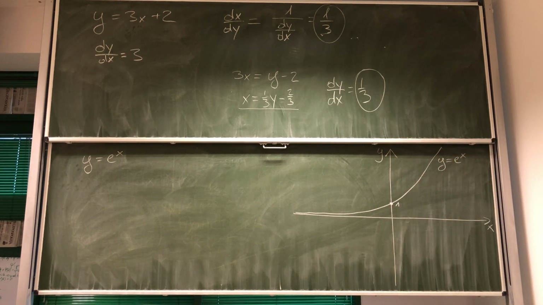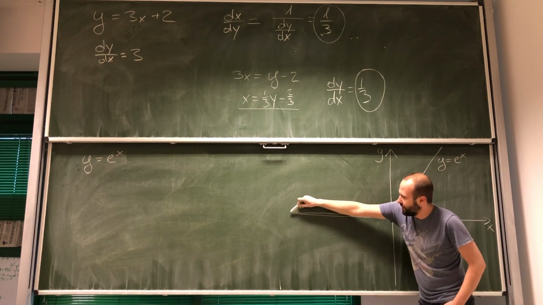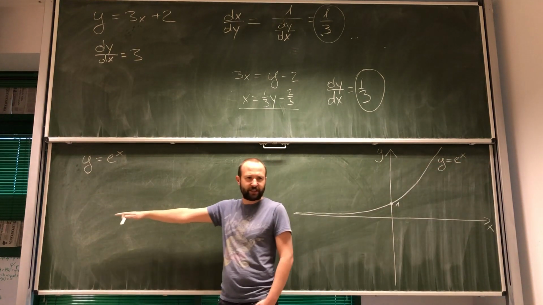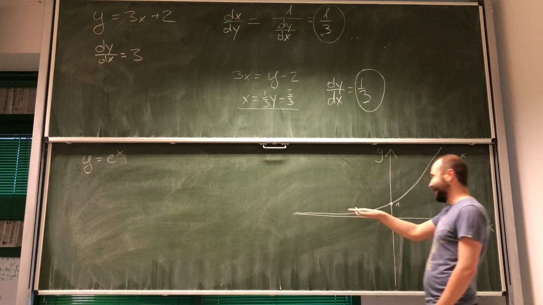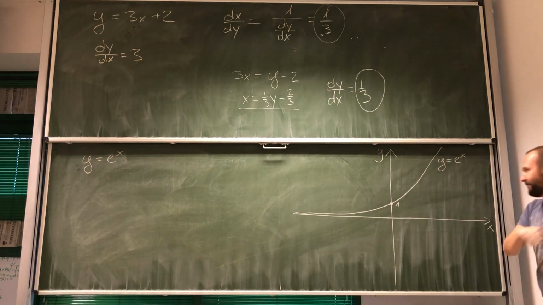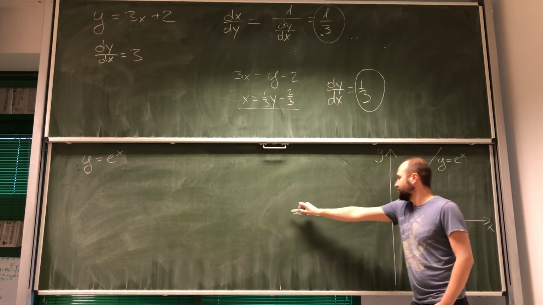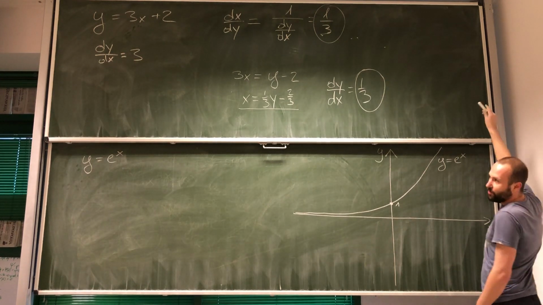Now, is this function monotonic? Of course. If we would go to negative infinity here, it would be getting smaller and smaller and closer and closer to 0. So it has a limit at 0 at negative infinity, in other words. But if we go like this, we see that it's always increasing and it never stops.